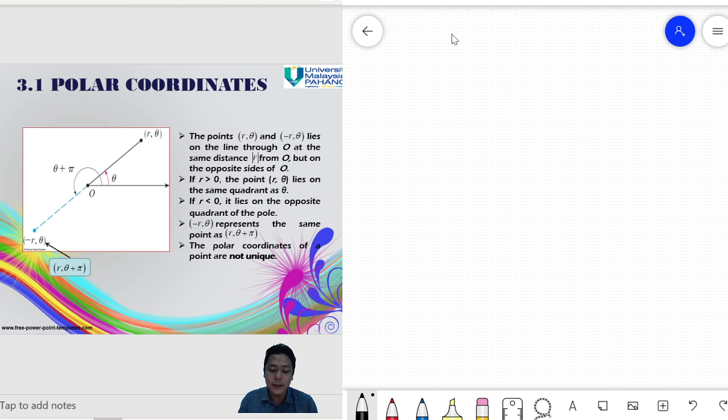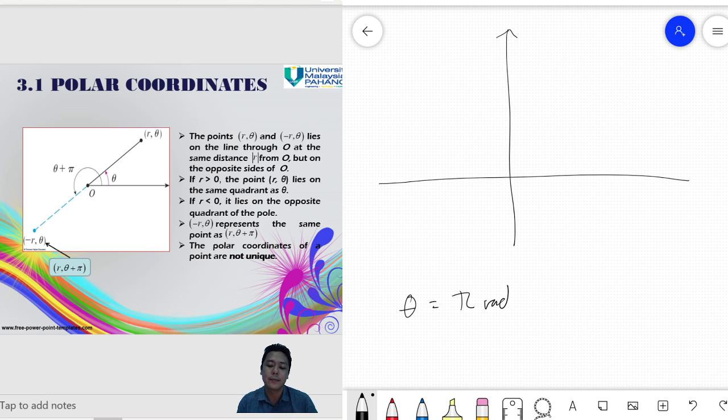Another example, if we give a radian first, for example pi radians, how do we plot it? If you have a hard time transforming pi to degrees, you just convert it back by multiplying by 180 over pi.